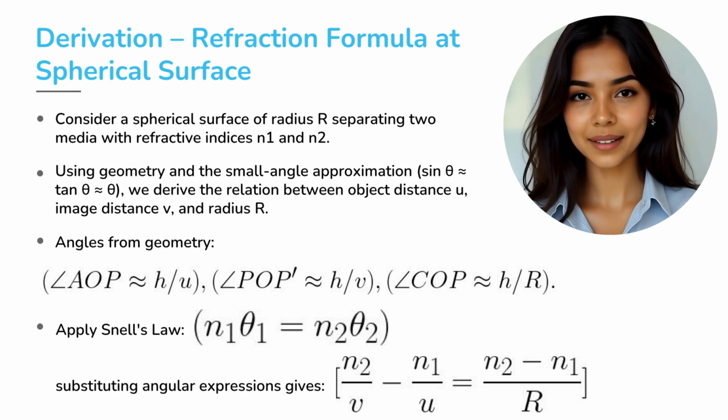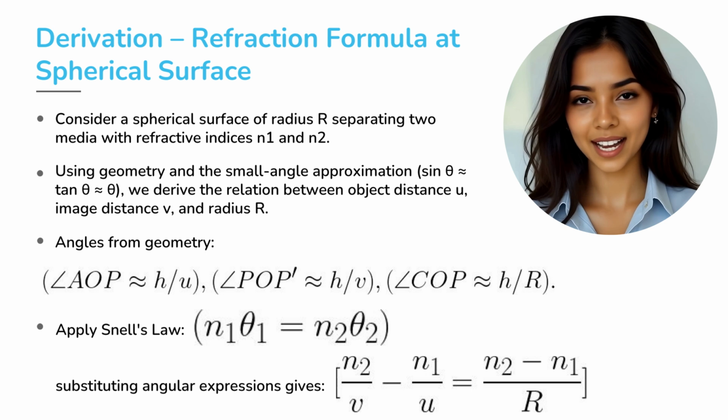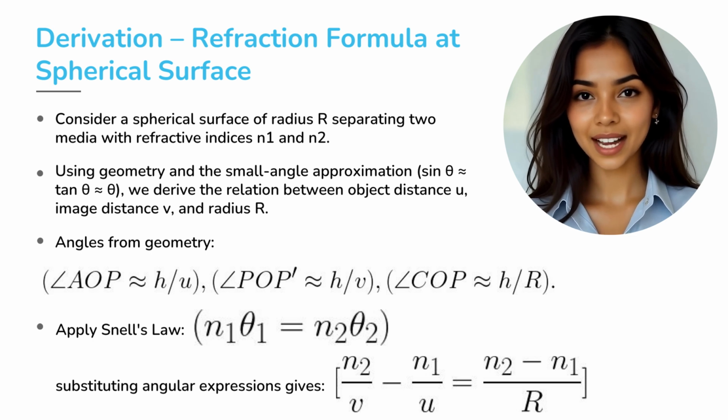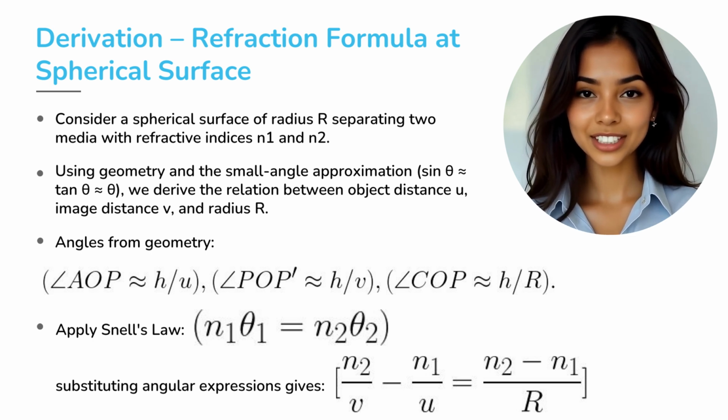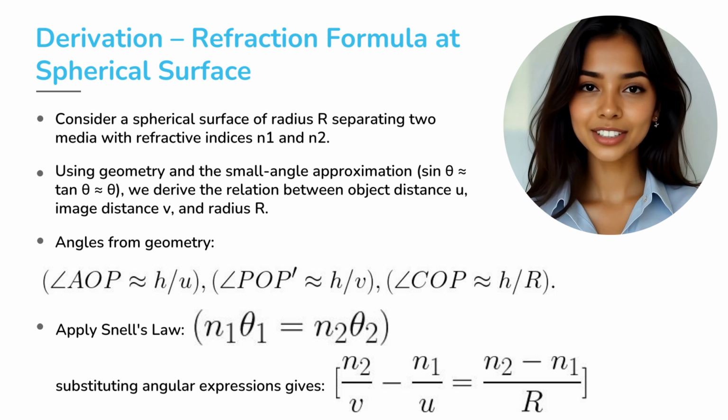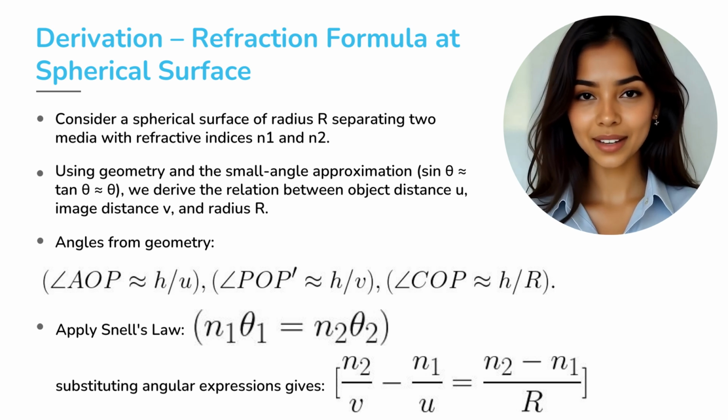Here's the neat part. Using simple geometry and a handy small angle approximation, which says that for very small angles, sine theta, tangent theta, and theta in radians are almost the same, we assign some approximate angles at points along the path of the light ray.